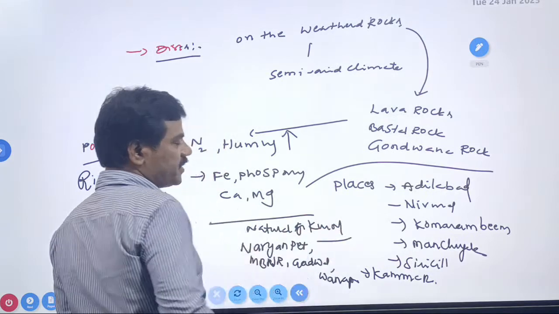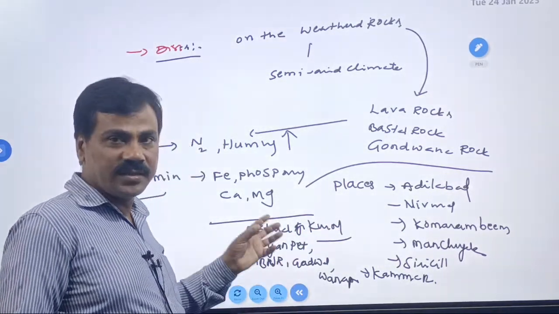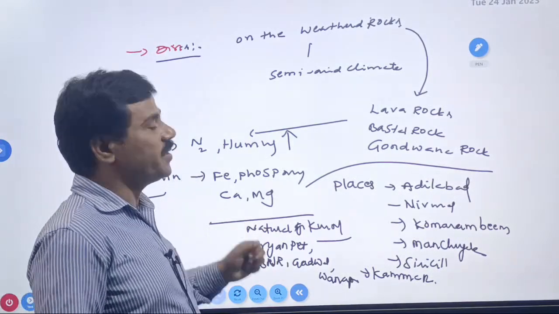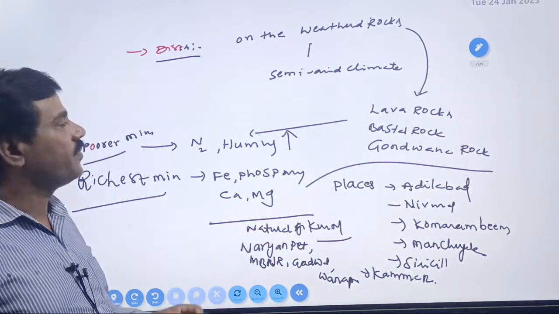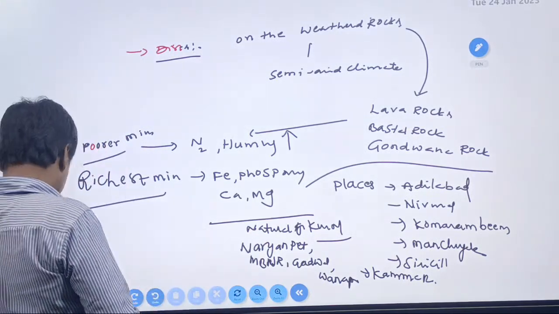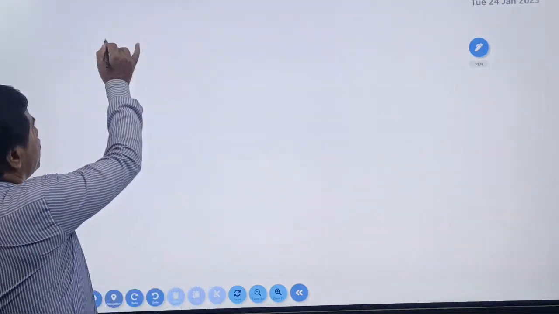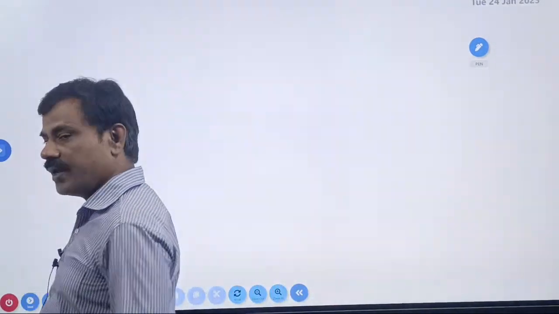These are the very famous districts. In these districts, black soils are maximum, deposited by the weathered rocks. Okay, right.